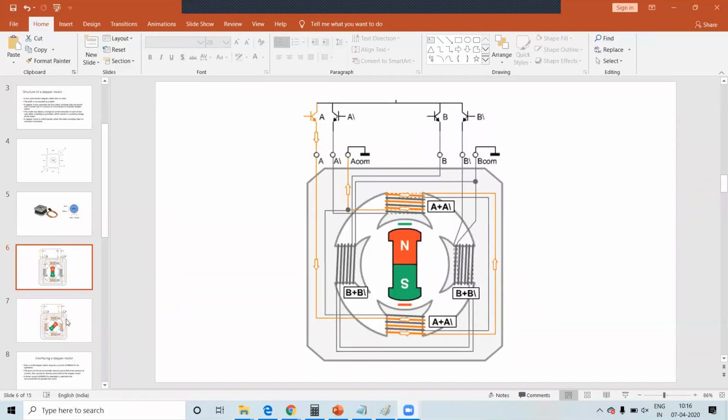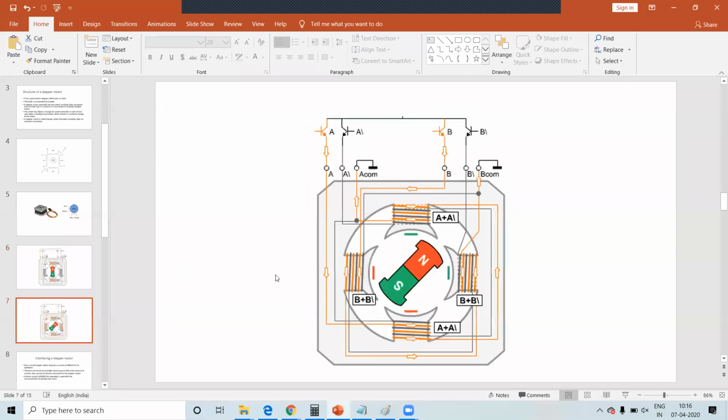Okay. So that can be seen in the next figure. When the current is passed at A and A slash is grounded, and current is passed at B and B slash is grounded, at that time electricity flows in the wires in these given directions.